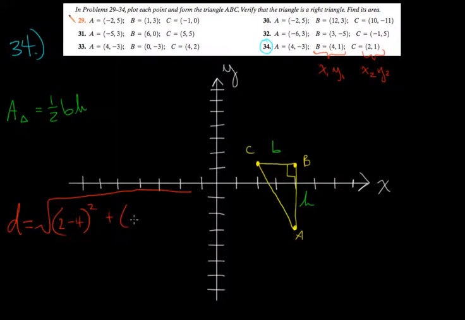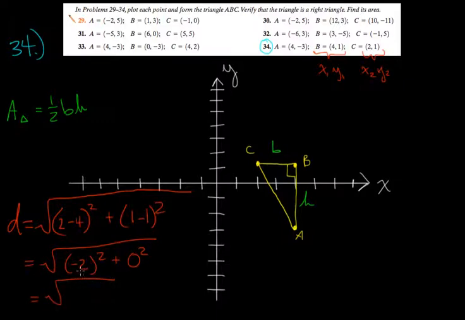And then 1 minus 1 squared. This turns out to be negative 2 squared plus 0 squared. And negative 2 squared is 4, 0 squared is 0, so the square root of 4, which is 2. Oh, and we could have just counted this as well. 1, 2. So the distance here is 2, our base.